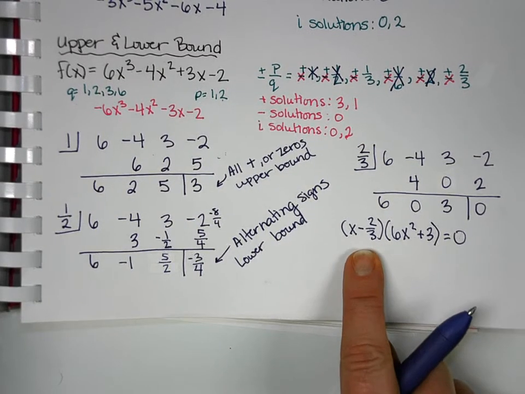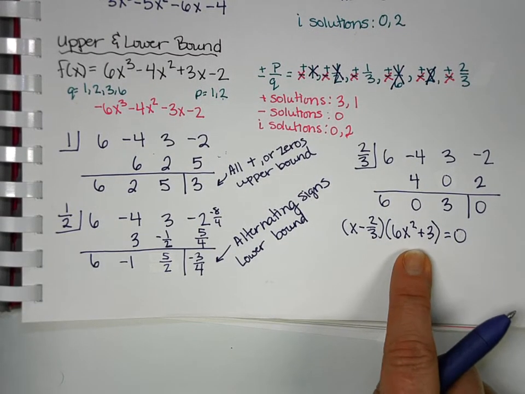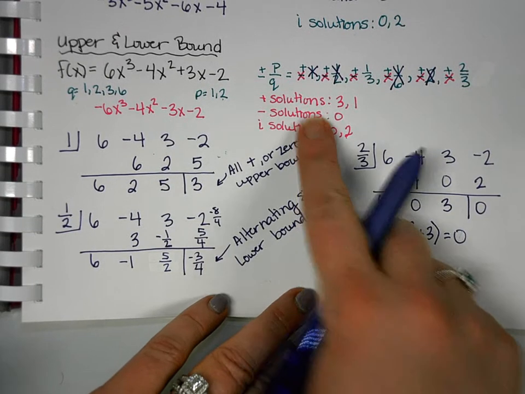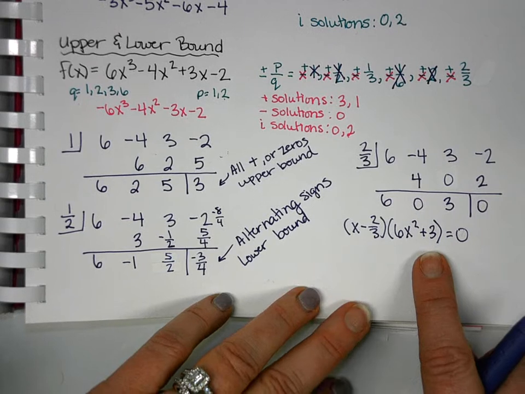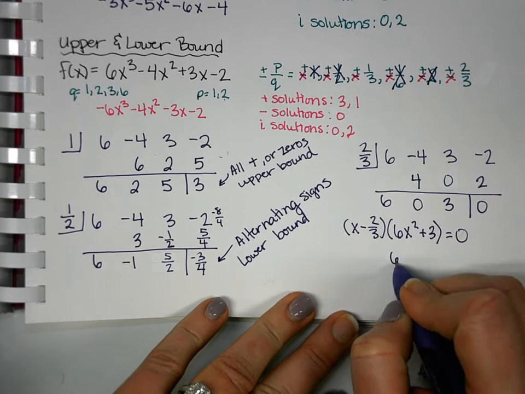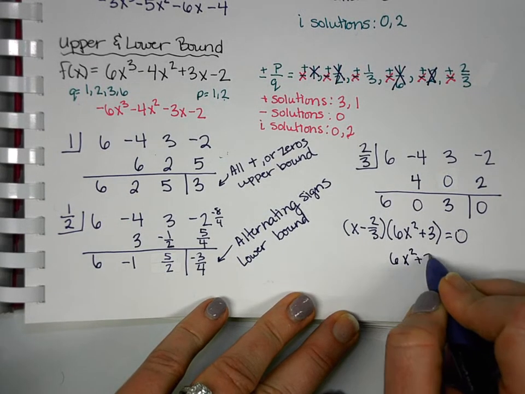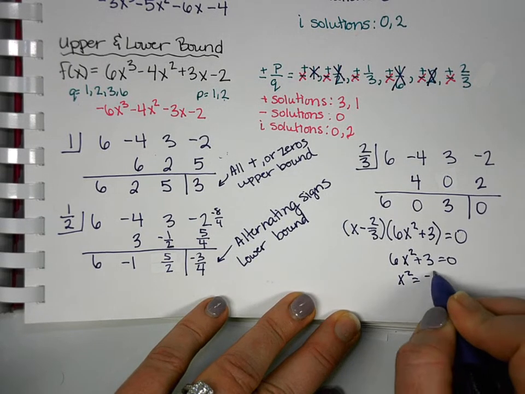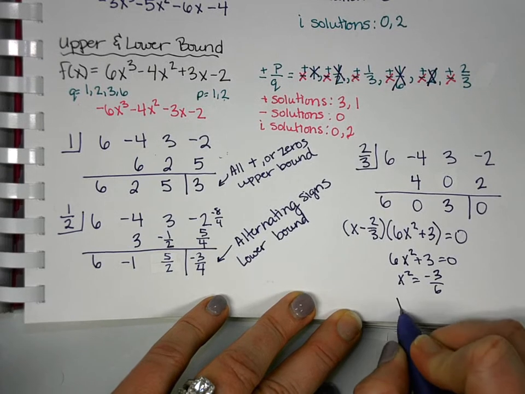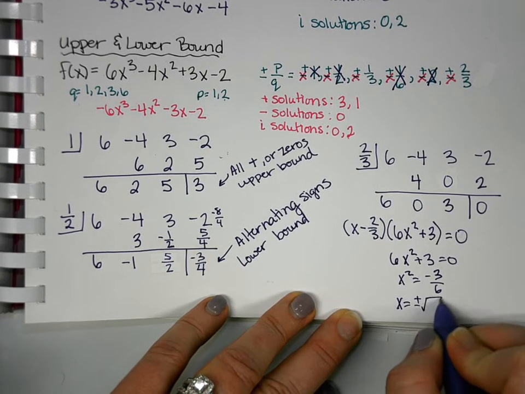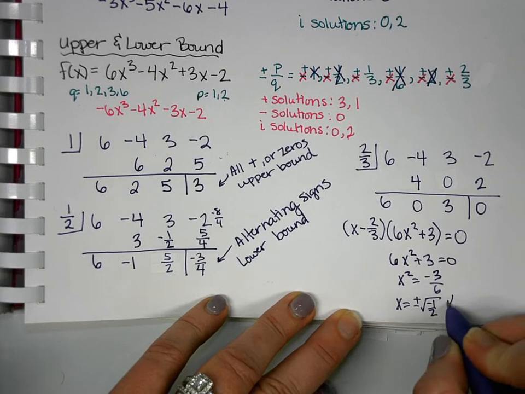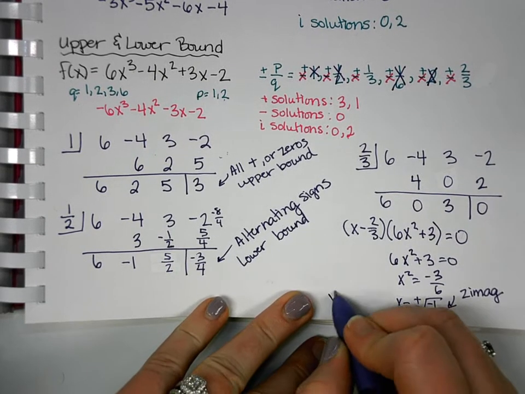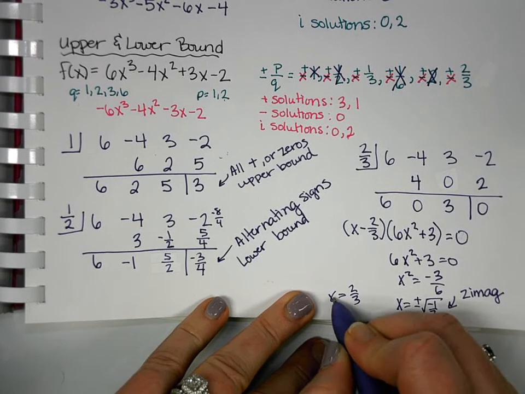From here, if we were actually going to continue to solve to find the other solutions, to know if we have 3 real or if we have 2 imaginary, we would take the factor we have and solve it. So x squared equals -3/6, and when we square root it, we get plus minus the square root of -1/2. So that means I have 2 imaginary, and then I have my 1 real solution of 2/3 that we found with synthetic.